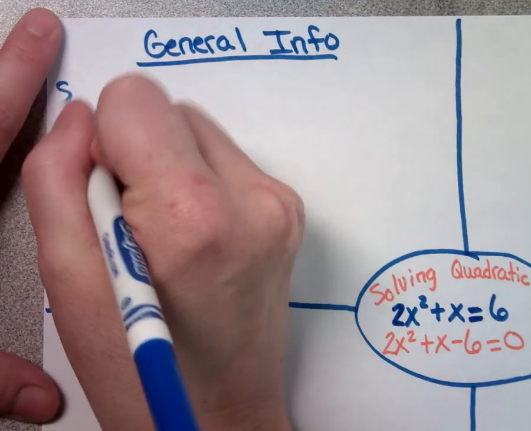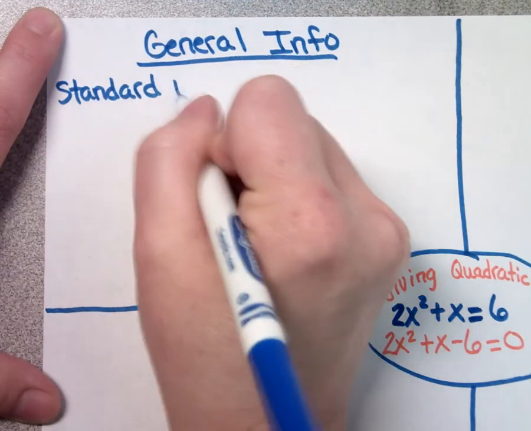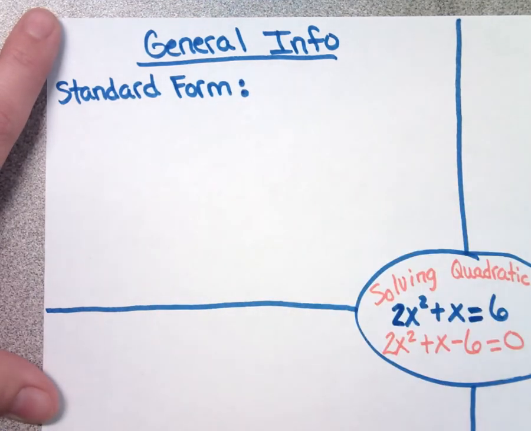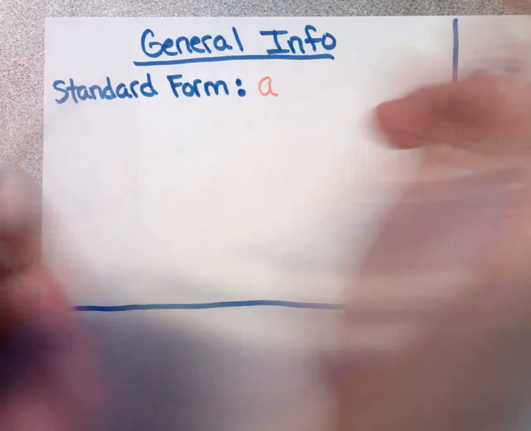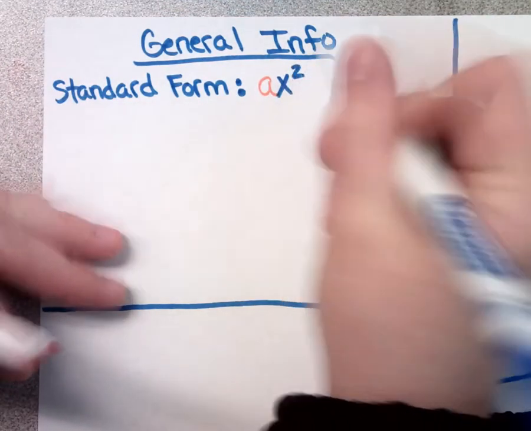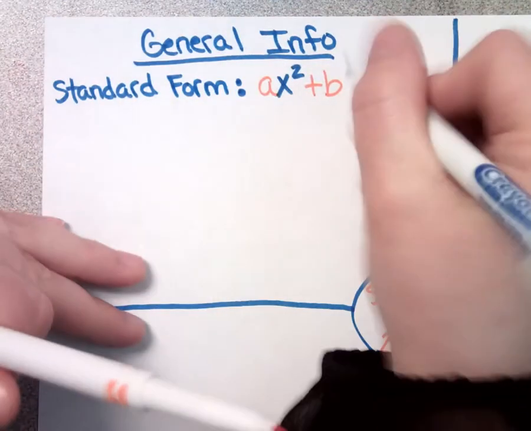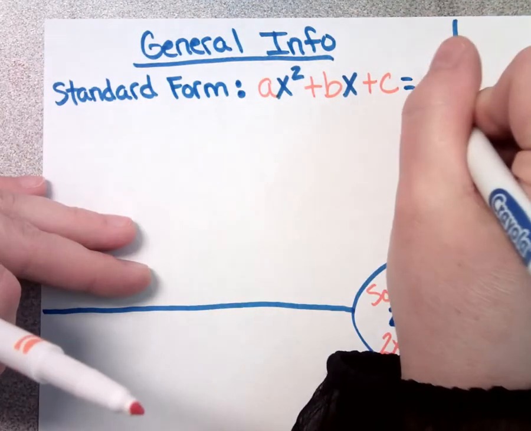Okay, so our standard form for our quadratic equation is ax squared plus bx plus c equals 0.